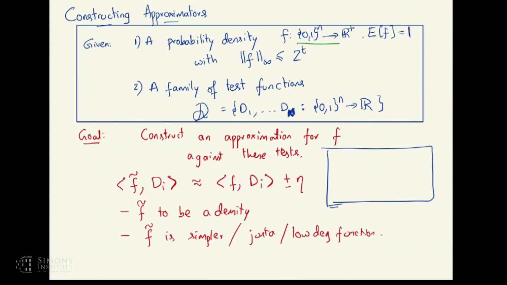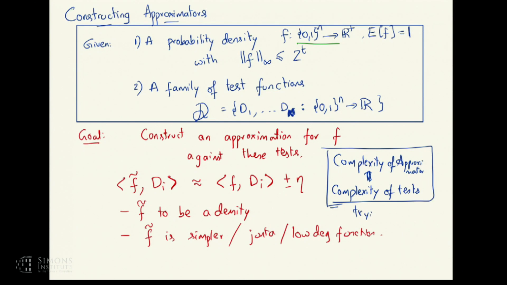So you can take any function of any degree, but if you want to approximate it against degree d tests, your approximator will be degree d. This is a slightly meta observation: it is related to the complexity of the test that you're trying to fool, not the object that you're trying to approximate.